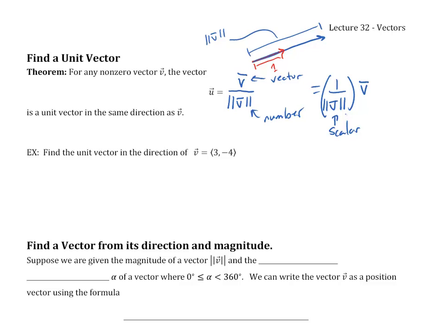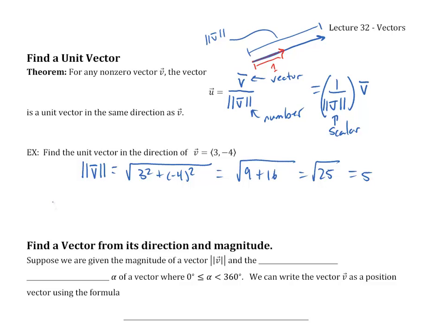So just to see how it works, if you took the vector 3, -4, we know how to find its magnitude, right? The magnitude of v is the square root of 3 squared plus -4 squared. That is the square root of 9 plus 16, or the square root of 25, which is 5. So the unit vector in the direction of v would be the vector v over its magnitude. It looks like this.